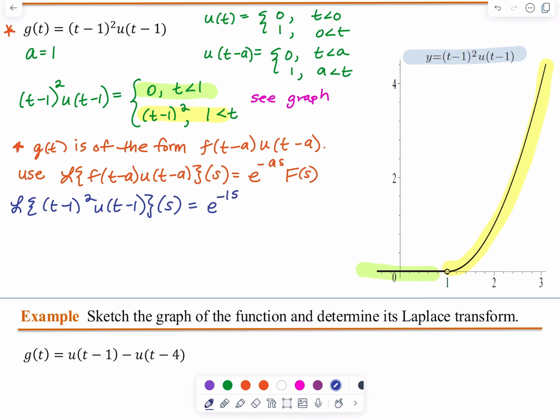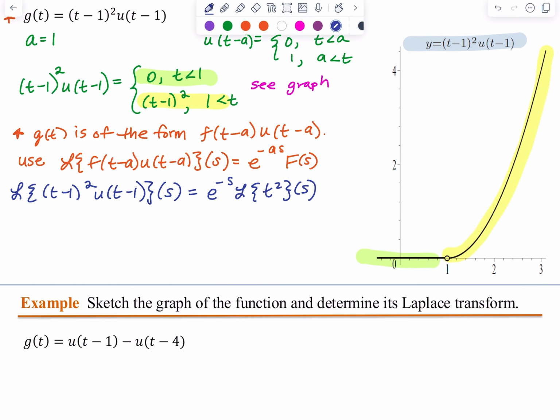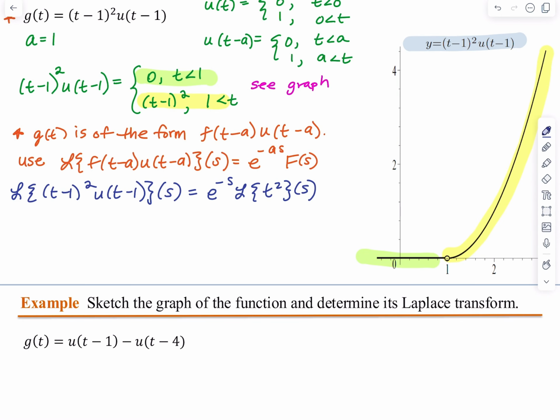Of course, I'll just put negative s multiplied by the Laplace transform of t squared. And that is equal to e to the negative s, and our Laplace transform of t squared is 2 over s cubed.